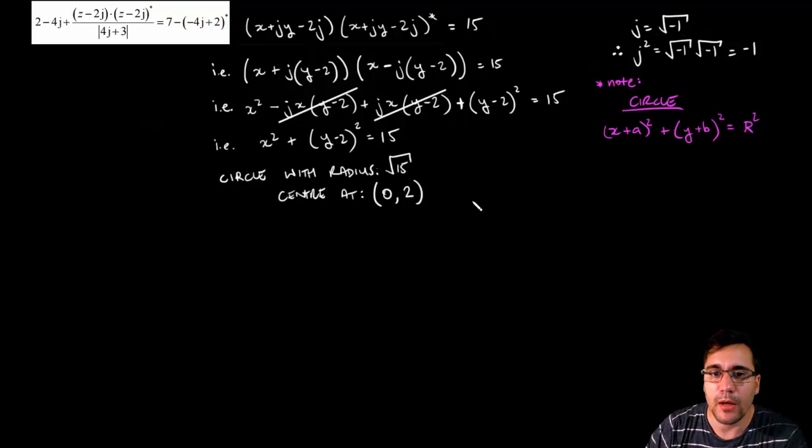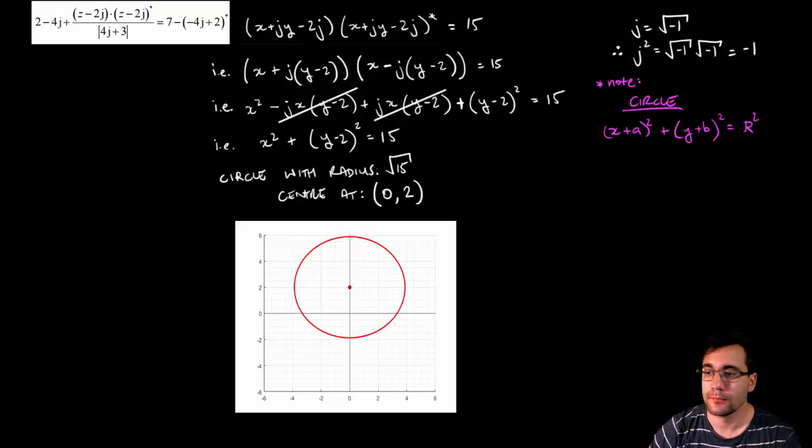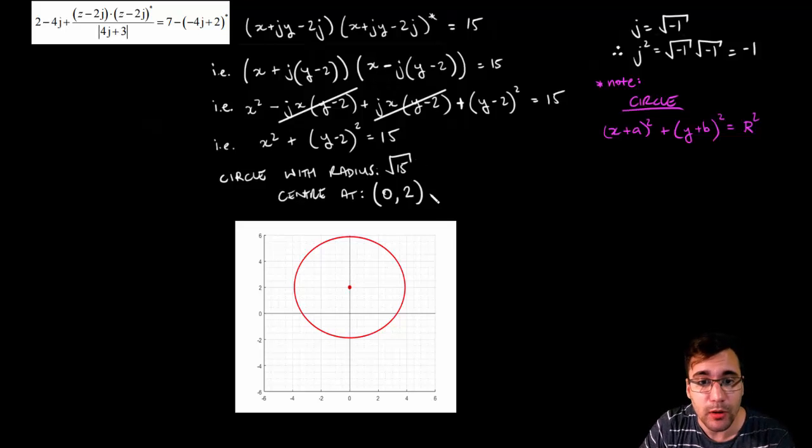Now, I'm just going to quickly draw a plot of that for you, so I'll pause the recording, be back in a jiffy. Okay, hopefully I've got you back and you can see the plot that I've put here. It's pretty straightforward, really.